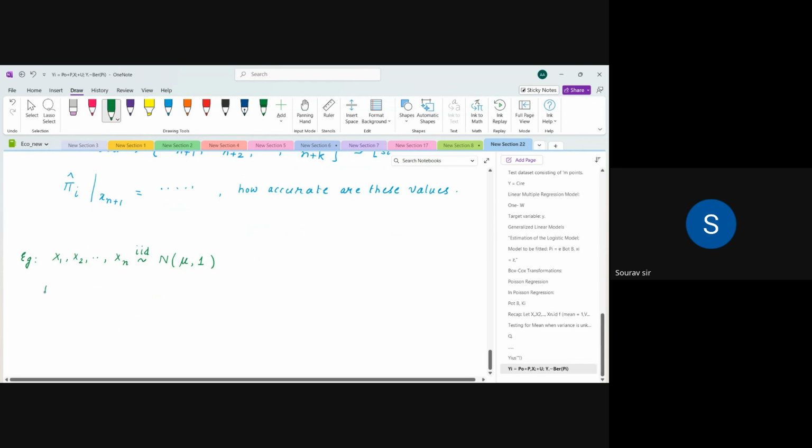And your hypothesis is, let's say, greater than 10. तो हमारा टेस्ट स्टैटिस्टिक क्या होगा? X bar minus mu divided by sigma, which is 1 by root n, which under the null hypothesis will follow normal 0 1.